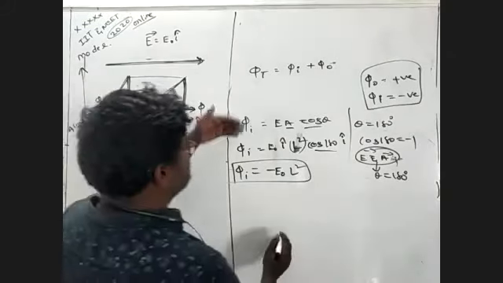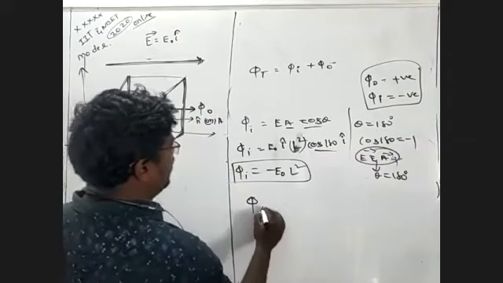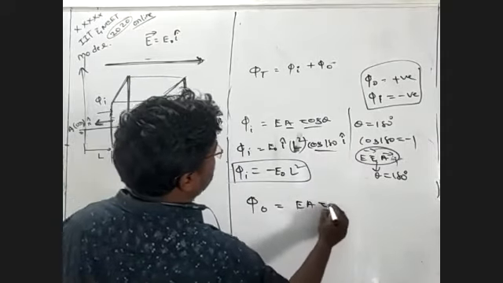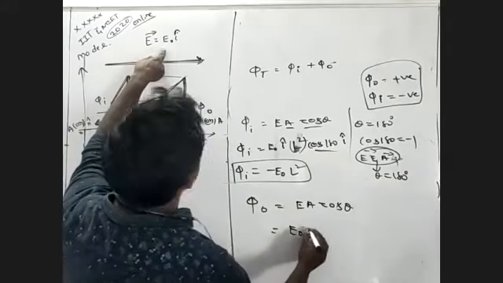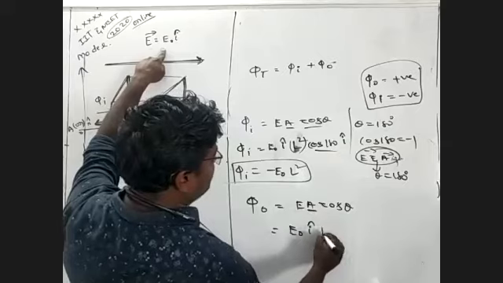Next, the out the flux is EA cos theta. E is E naught I cap, and A is the area L square.